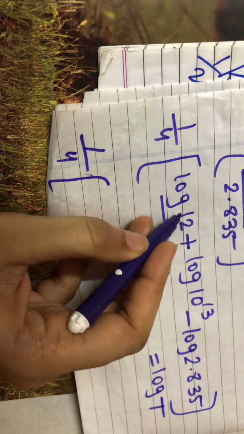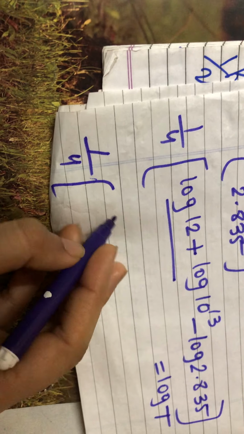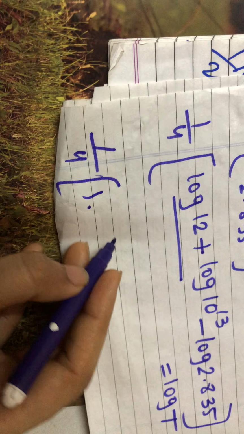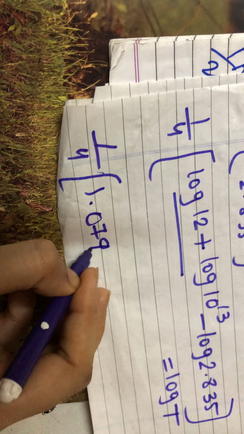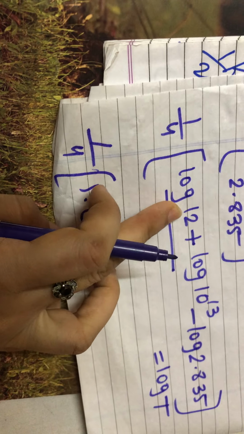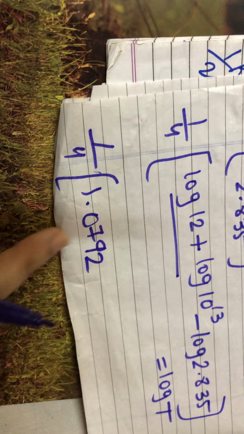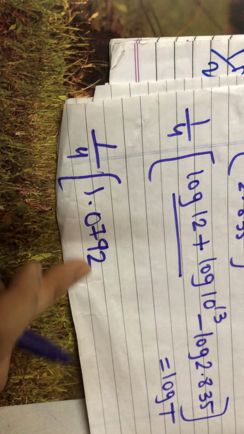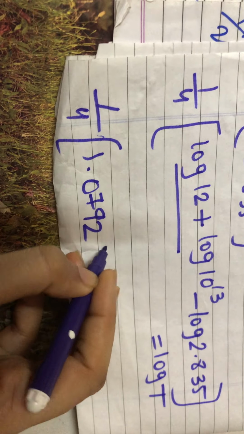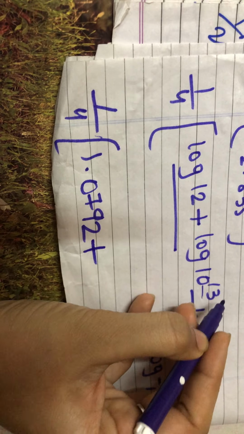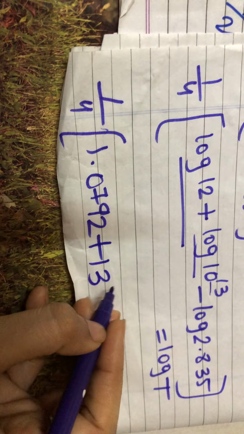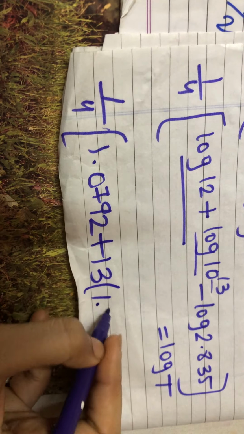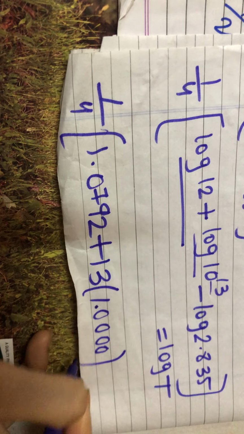Then 1/4 times log of 12. It has 2 digits, so 2 minus 1 is 1, so 1 point. If you see log of 12, it is 0.0792. Plus, since 13 is in the power, it will come in front of log 10. Log of 10 is nothing but 1.0000.